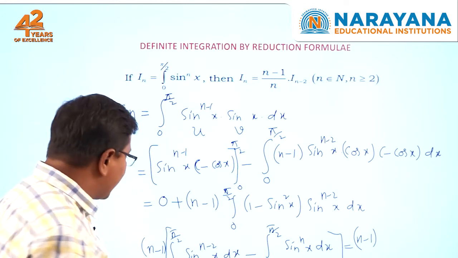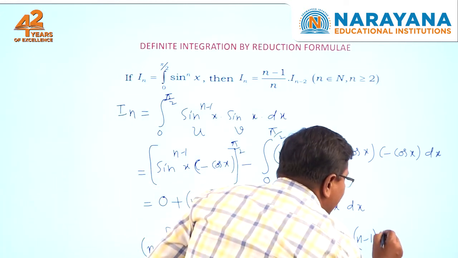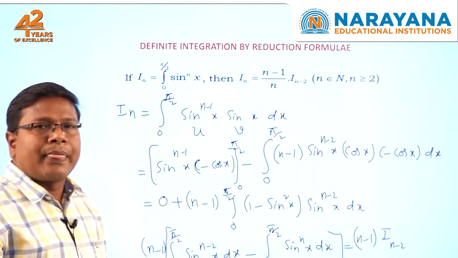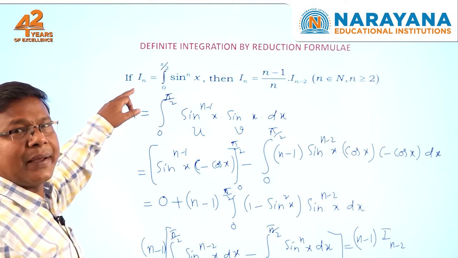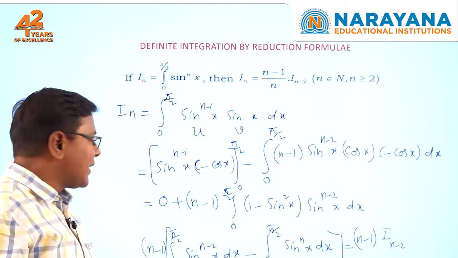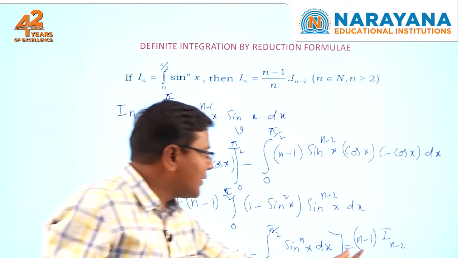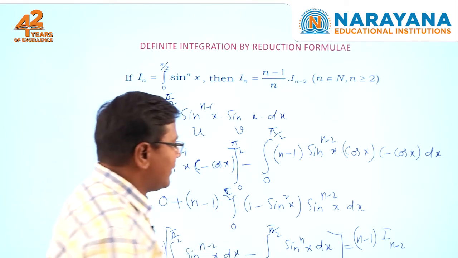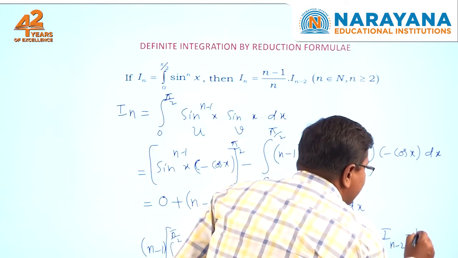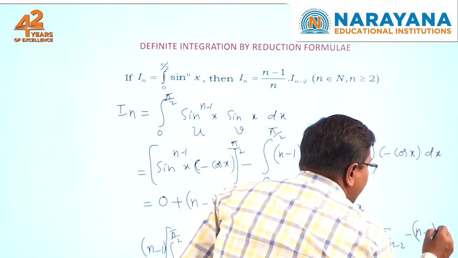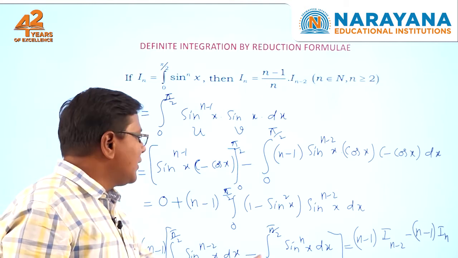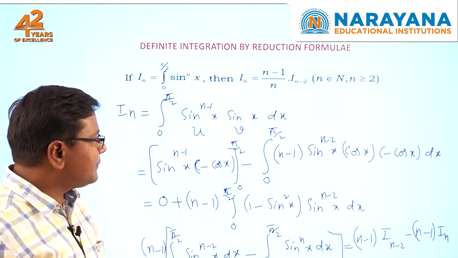Therefore, we can write it as I n minus 2, and the other one is I n. Therefore, minus n minus 1 into I n. Removing the brackets, multiplying with n minus 1, you get this.